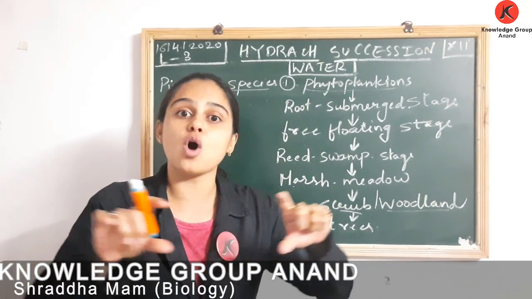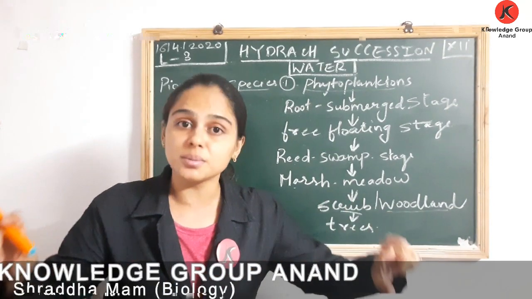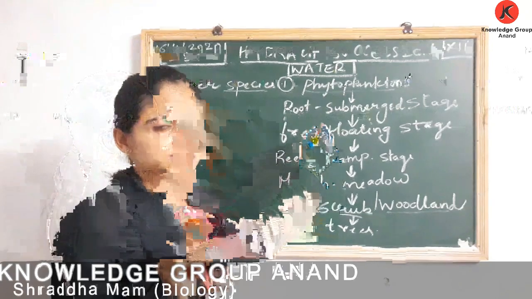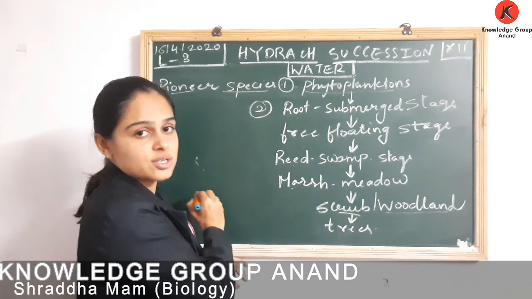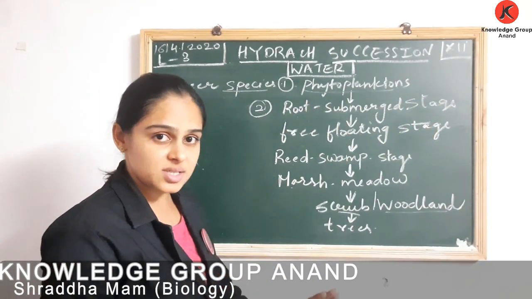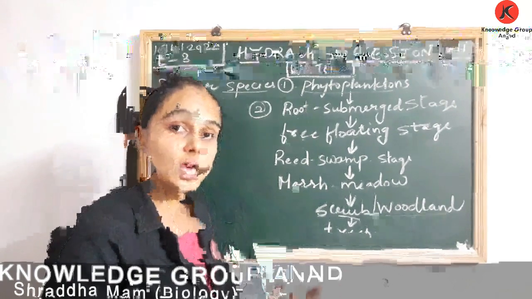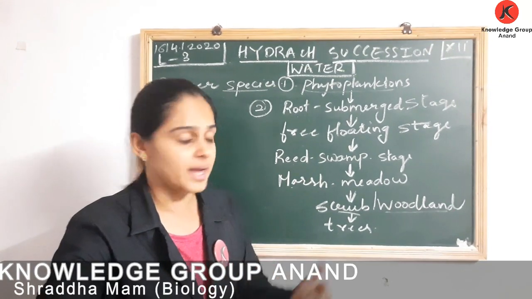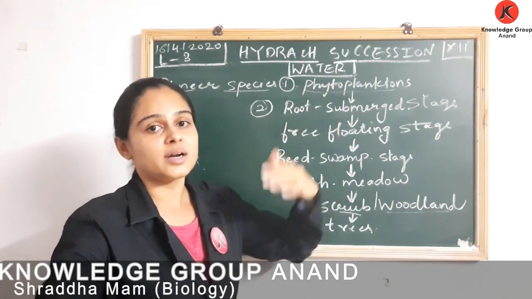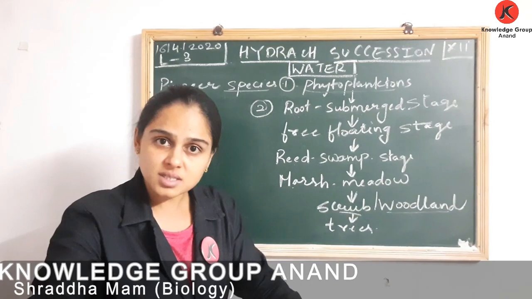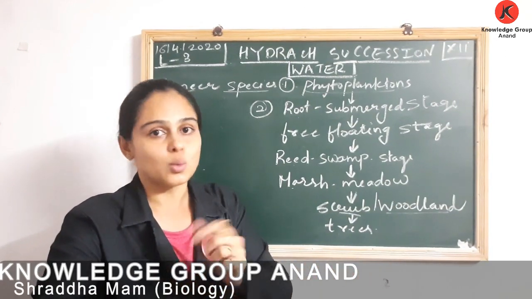Formation of soft mud, due to this presence of silt comes your second stage, that is rooted submerged stage. In this stage, rooted hydrophytes. Okay, एक बार क्या होता है, ये जो फाइटोप्लैंक्टन्स डाई होके डिकम्पोज, this mix with silt. What is silt?